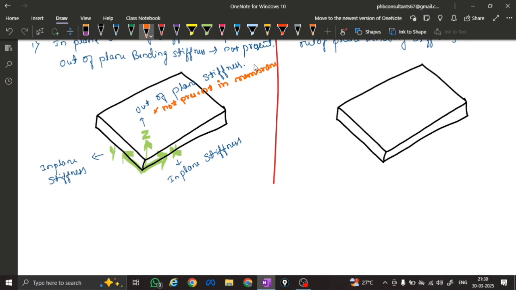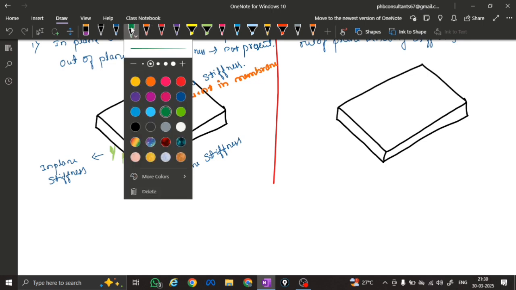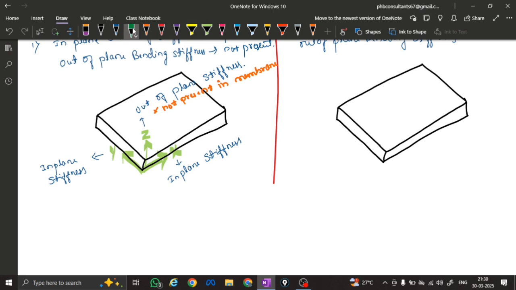Okay, now if this is in plane stiffness, it means it resists the load.